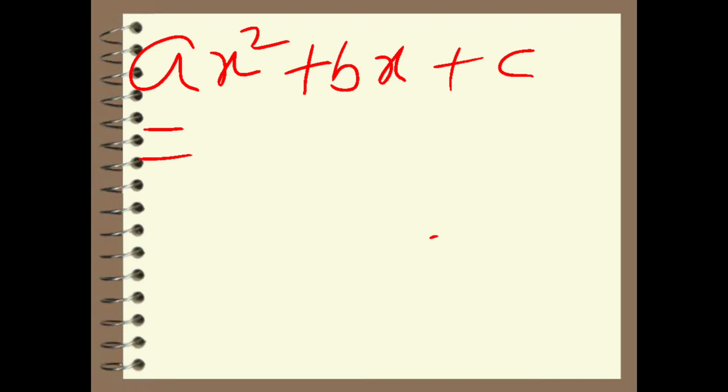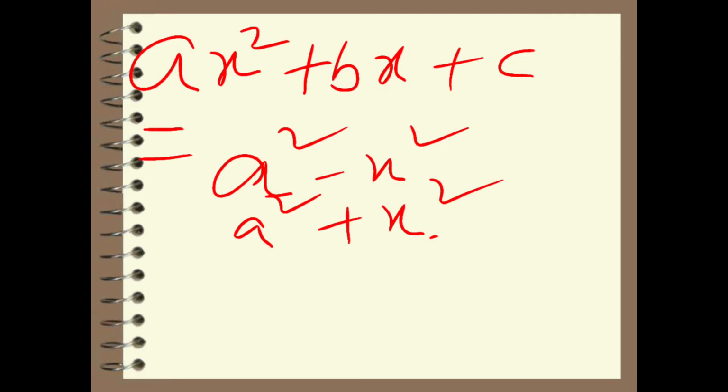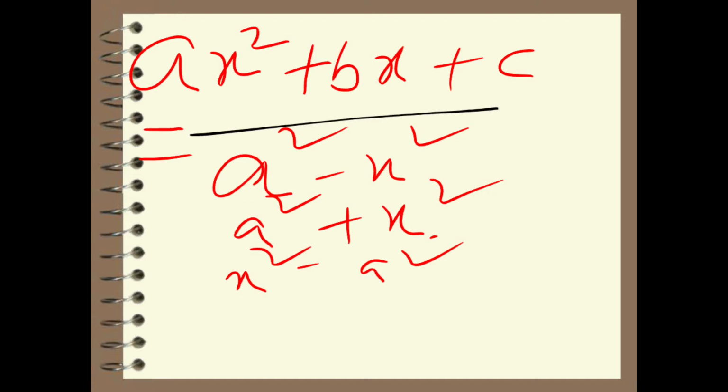So all are having a square minus x square, a square plus x square, x square minus a square. These three are basic. So our aim is to convert our expression ax square plus bx plus c. So what is the difference between these three expressions and this expression?